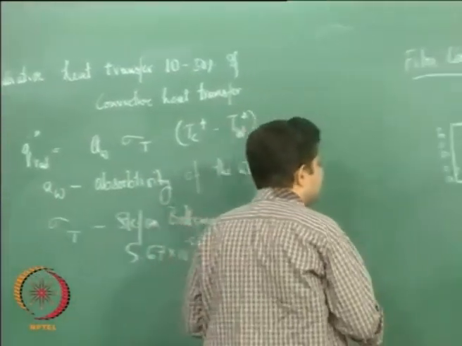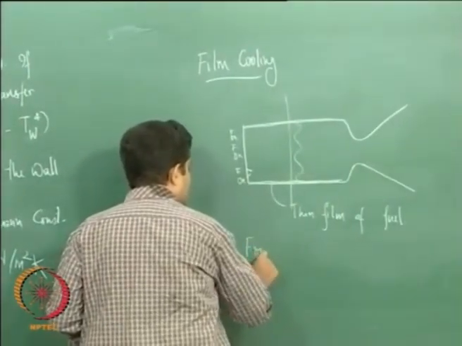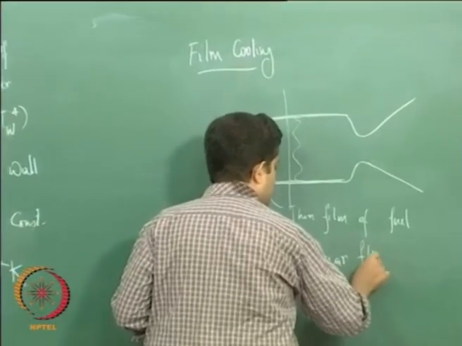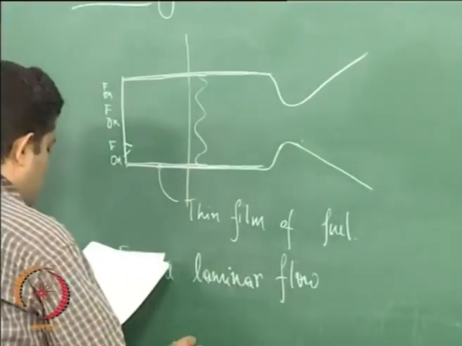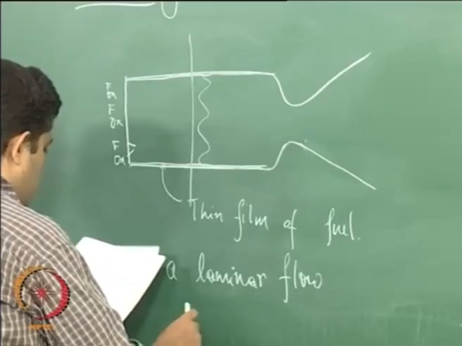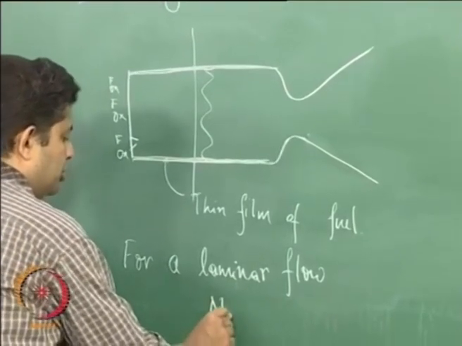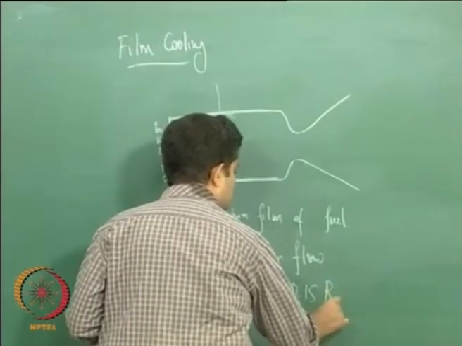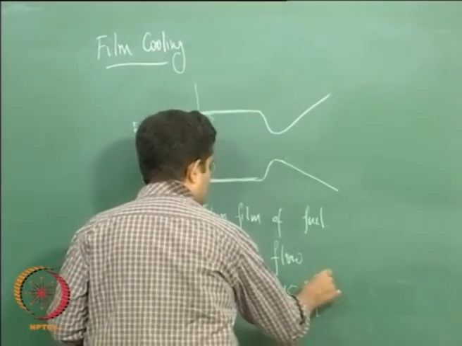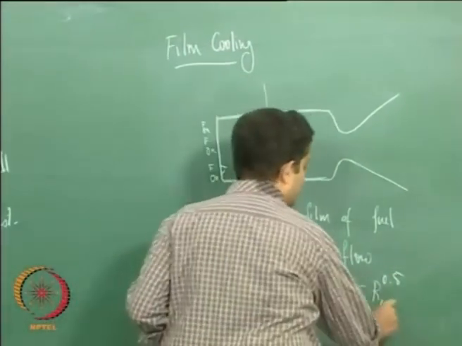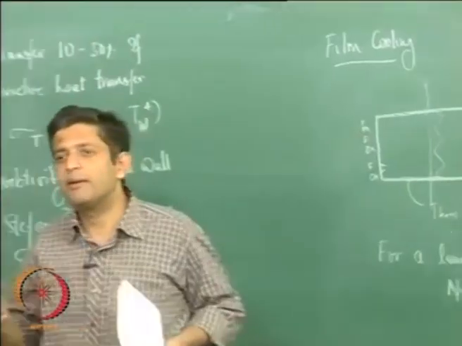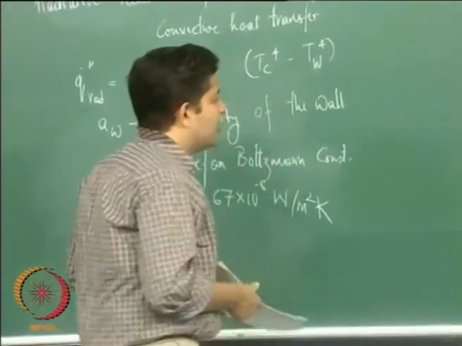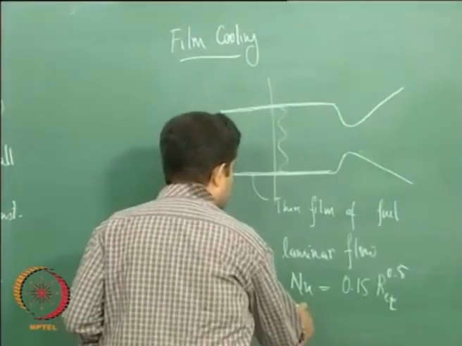For a laminar case, Nu is given by 0.15 where RET, if you look at the Reynolds number, you need some diameter to be given to the Reynolds number, or it is based on a certain diameter. RET indicates Reynolds number based on throat.